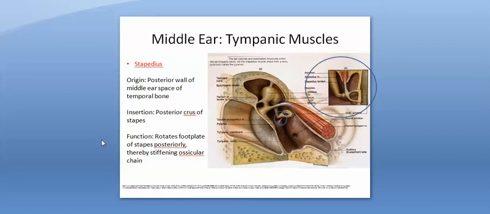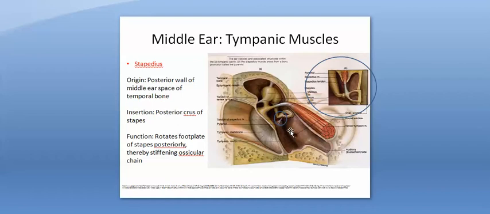But the stapedius here, its origin is the posterior wall of the middle ear space on the temporal bone. And then insertion is on stapes, essentially. So you can see it right here. So here's stapes. Okay.